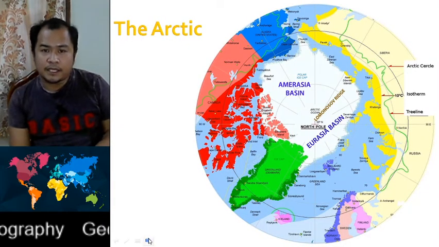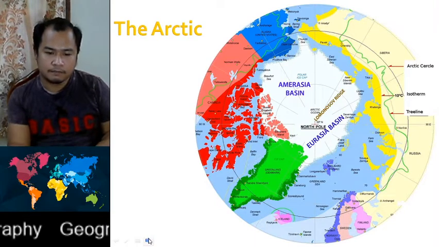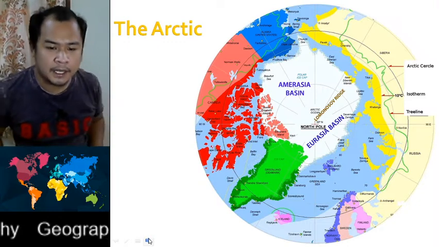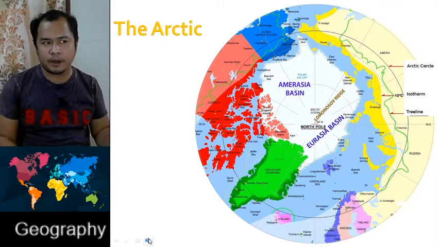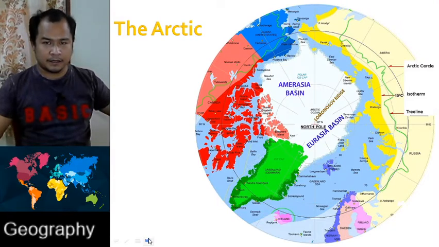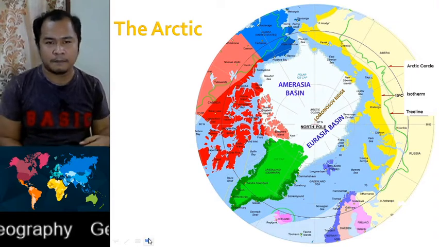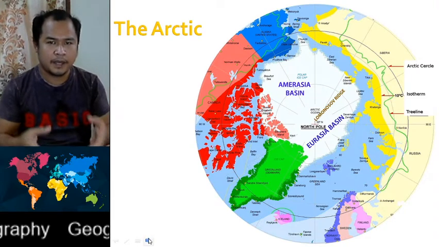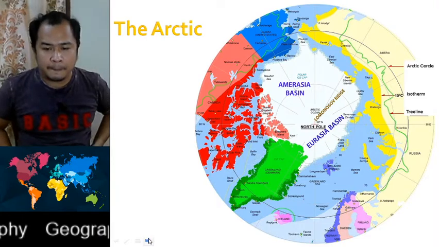All right, so this is the Arctic. It looks very different from the usual map that we see, mainly because we are used to a map that is laid flat with the Arctic on top and the Antarctic at the bottom. This one is still in a spherical shape, and if you look at the top of the globe, this is something that you might see.